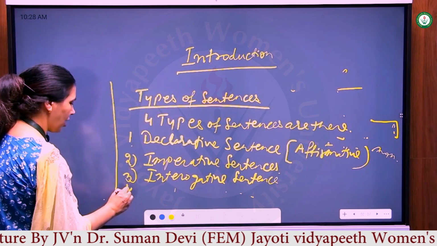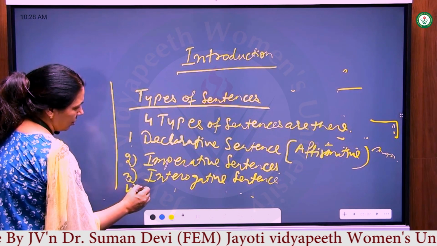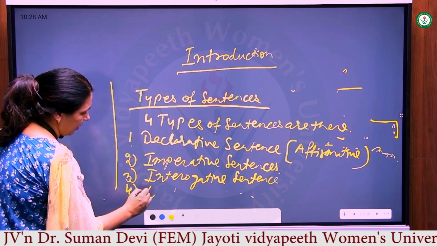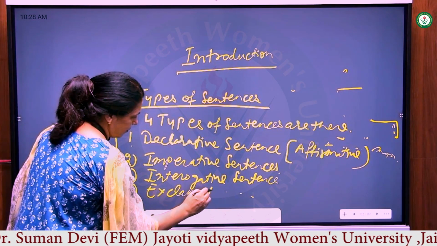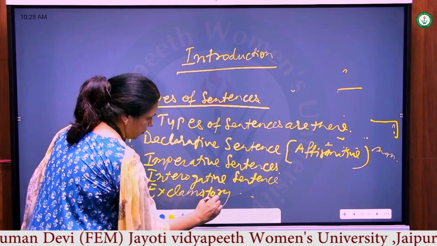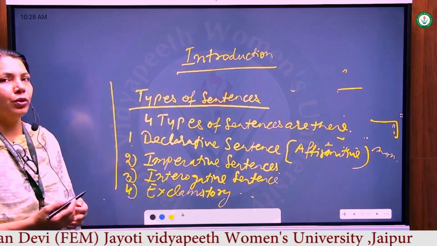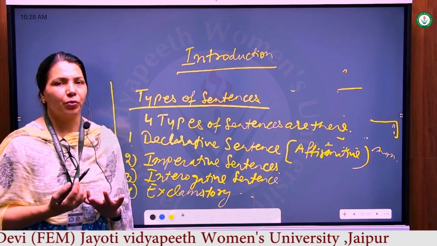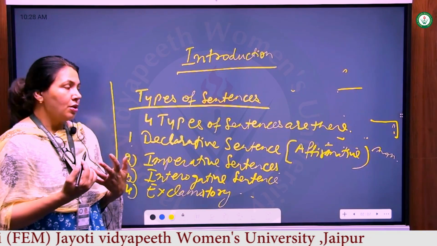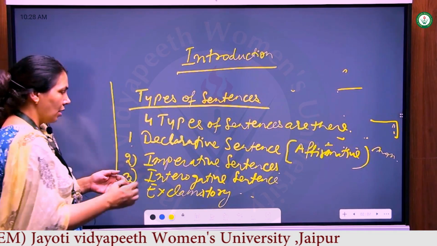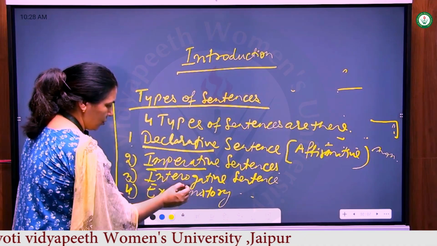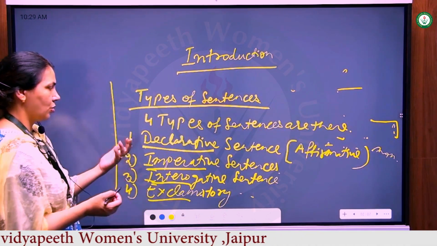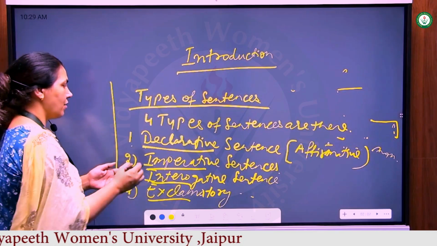And the fourth type of sentence is exclamatory. So these are the four types of sentences which we are going to understand. Negative is everywhere, like negative can be here also, here also, here also, and here also. So now let's start with the first one.